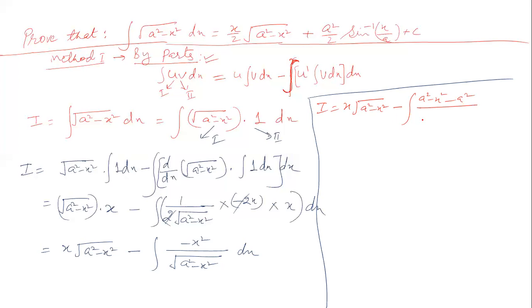On adding and subtracting, x square root of a square minus x square minus, we can write it as taking these two together, a square minus x square upon square root of a square minus x square will become only square root of a square minus x square.